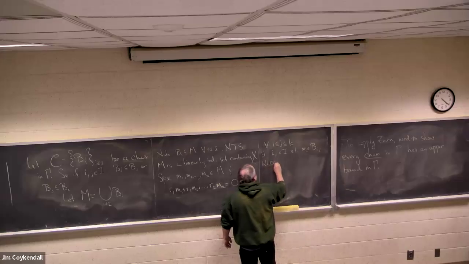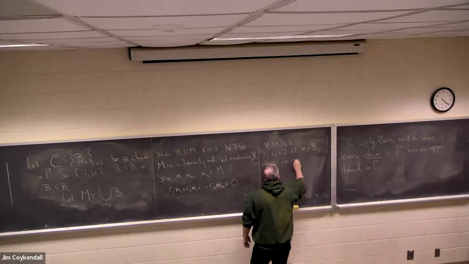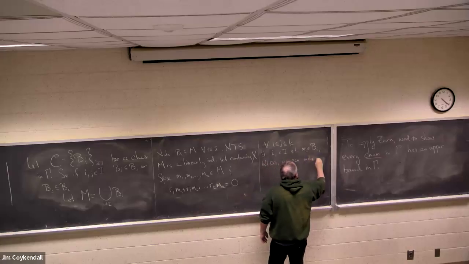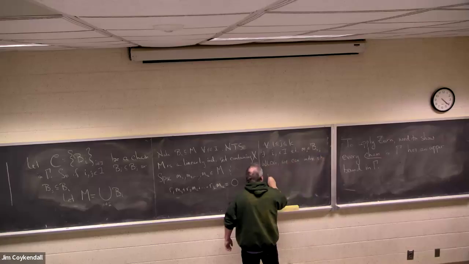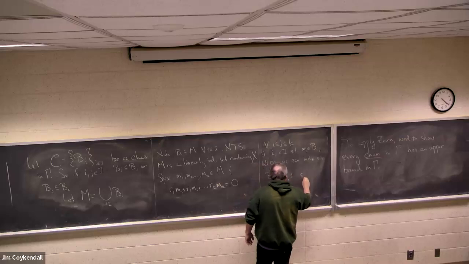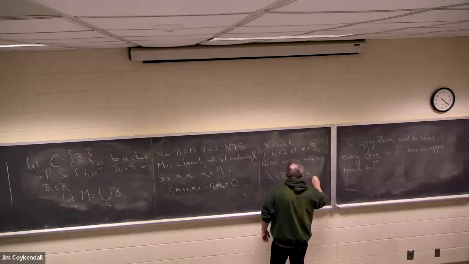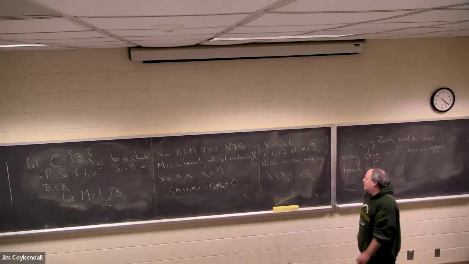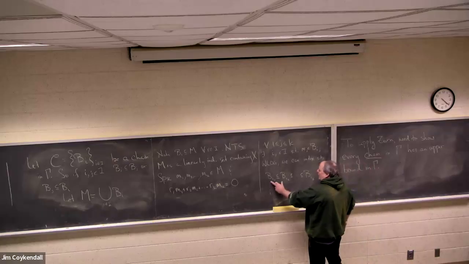Without loss of generality, we can index such that B_I1 is contained in B_I2 is contained in B_I. It's because any two of these, B_I1 and B_I2, one of them contains the other.